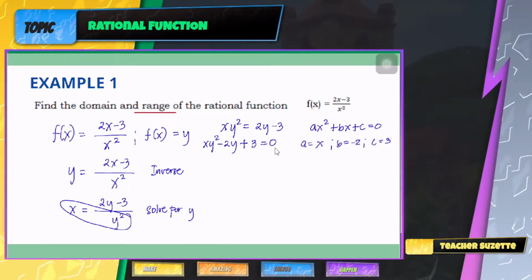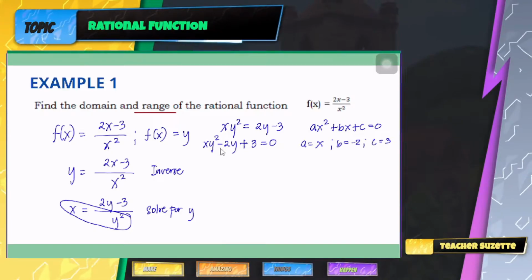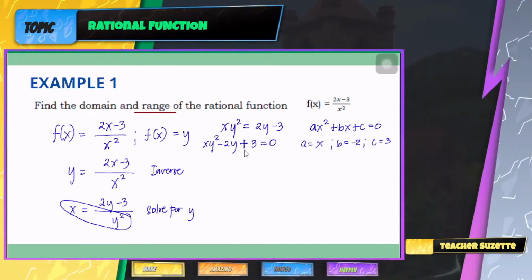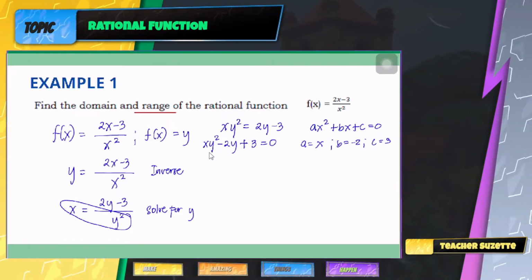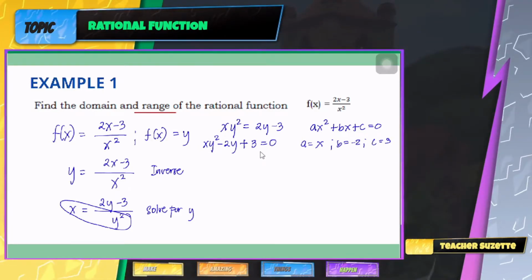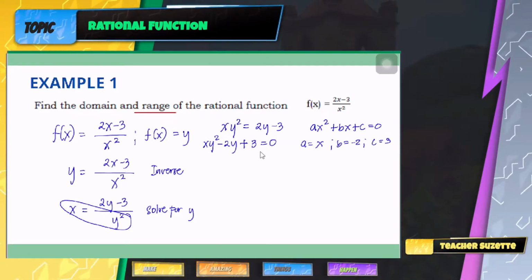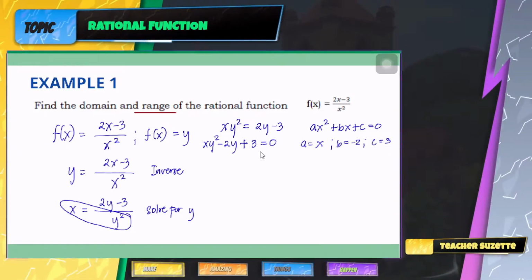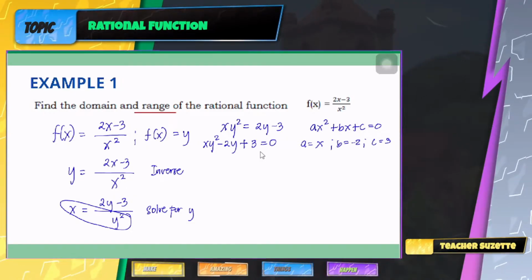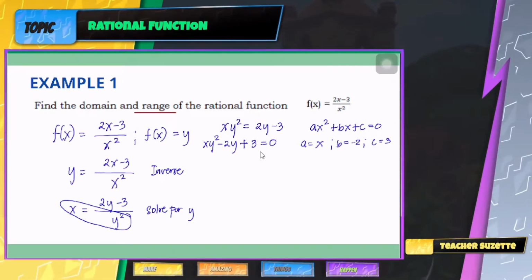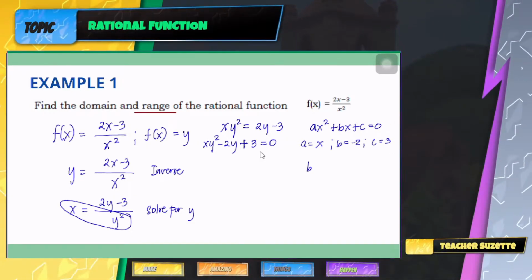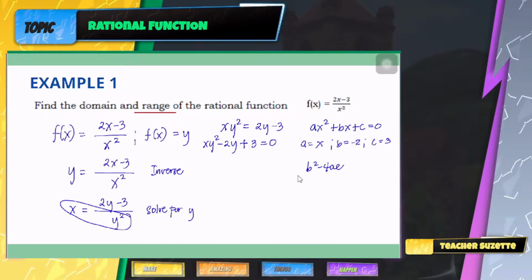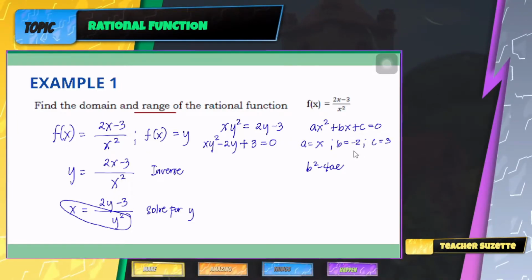Now, we are going to solve for the range in terms of x. To solve this, we will use the discriminant formula. If you can still recall, the discriminant comes from the quadratic formula. It is b squared minus 4ac, which is the expression inside the square root of the quadratic formula.